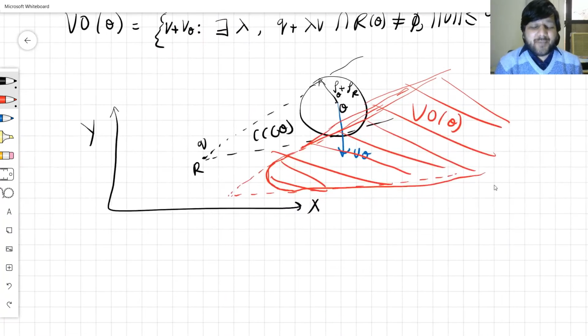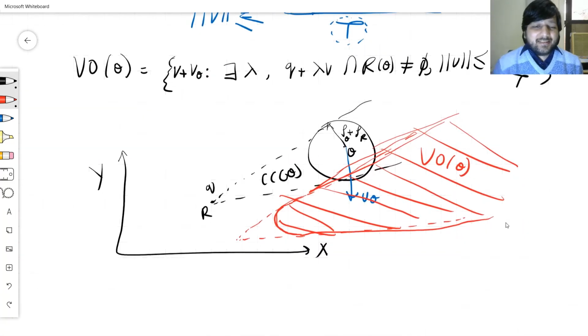And if you have multiple obstacles, so let me have a few obstacles. So that again becomes a collision cone. The velocity vector is VO2. So this will be the collision cone.